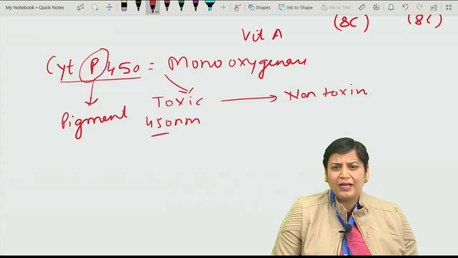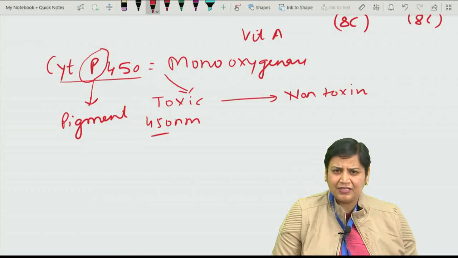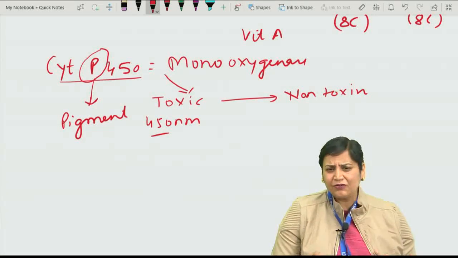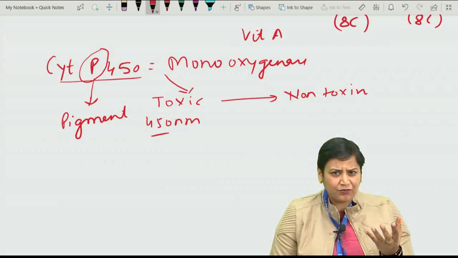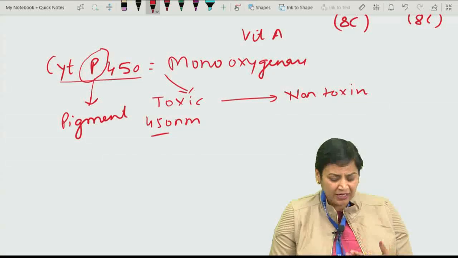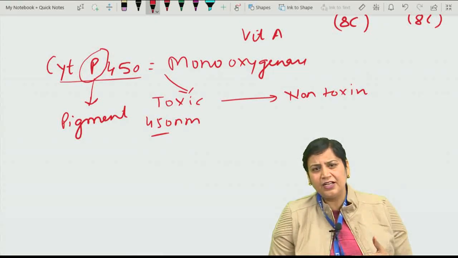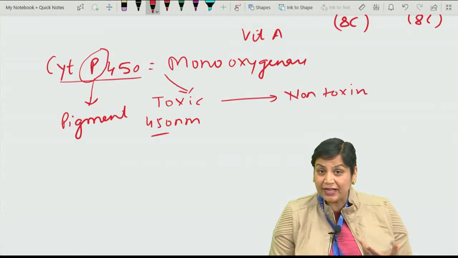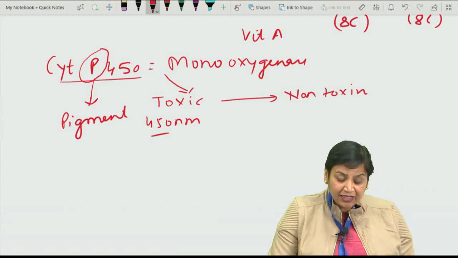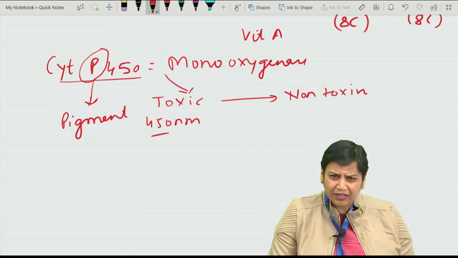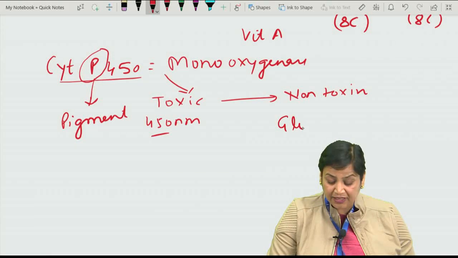It can detoxify by so many mechanisms, hydroxylation and acetylation. By these mechanisms, when a foreign chemical enters the body, it is degraded to form water soluble products which are excreted in urine. Among other detoxifying agents, glucuronic acid is again a very important one.